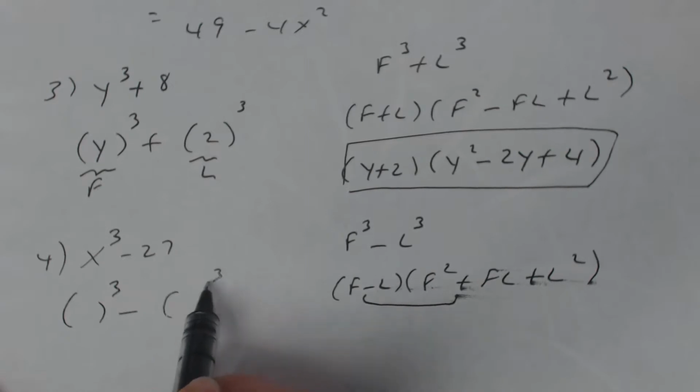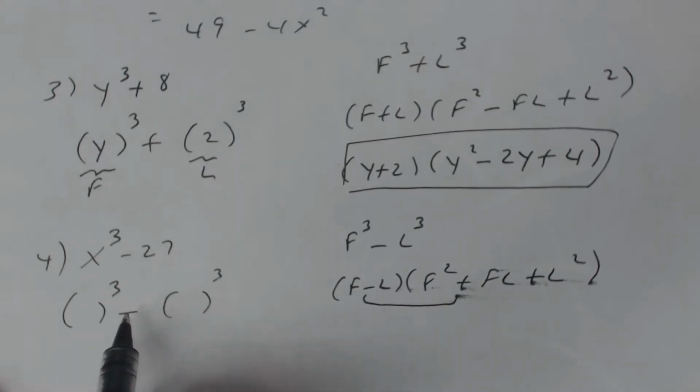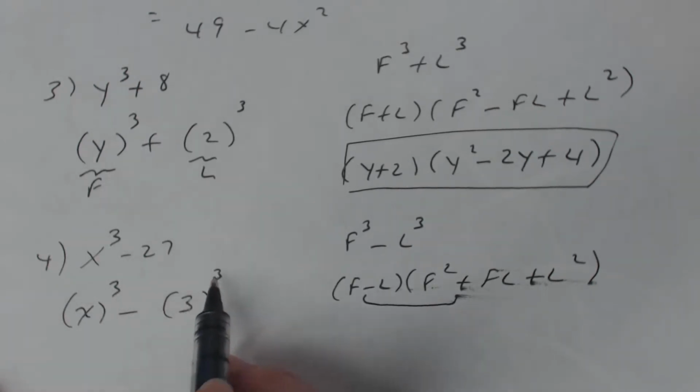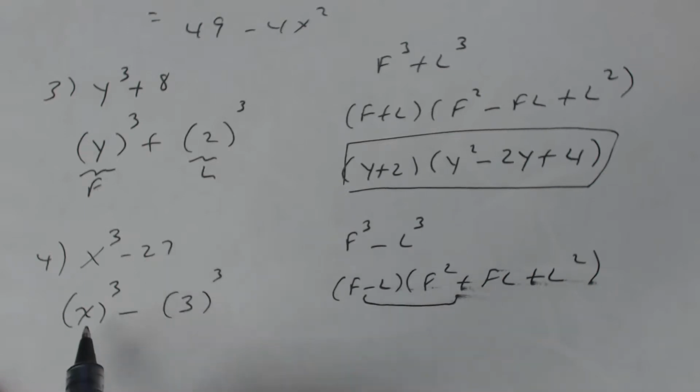All right, so over here, you're going to plug terms into these parentheses. This will be an x, and this will be a 3, because 3 times 3 times 3 is 27, and x times x times x is x cubed. So here's your f, here's your l.